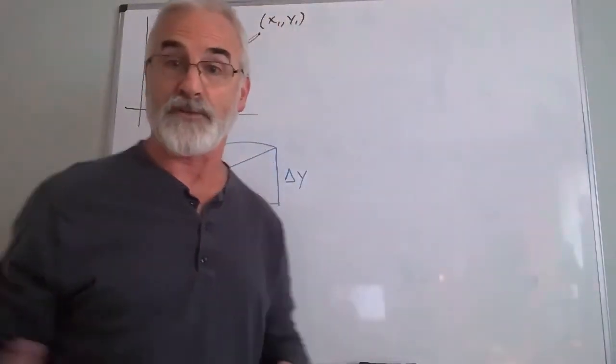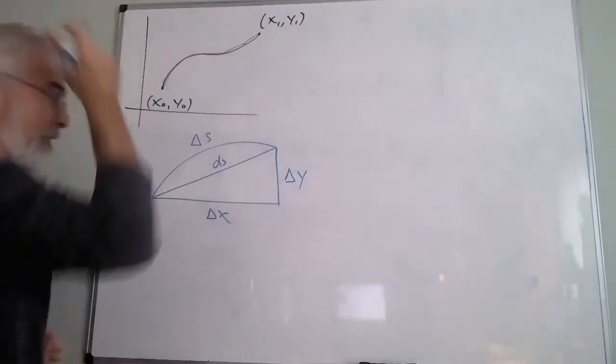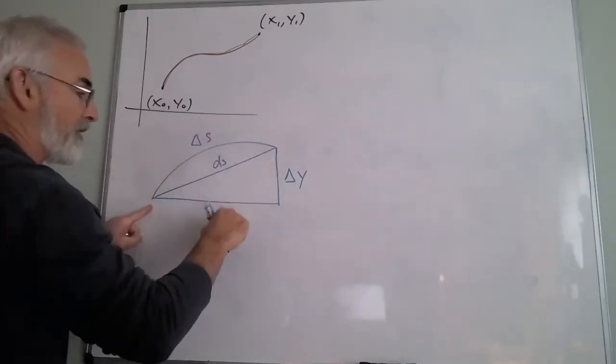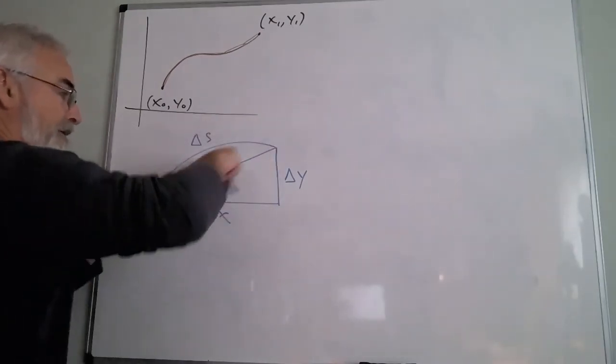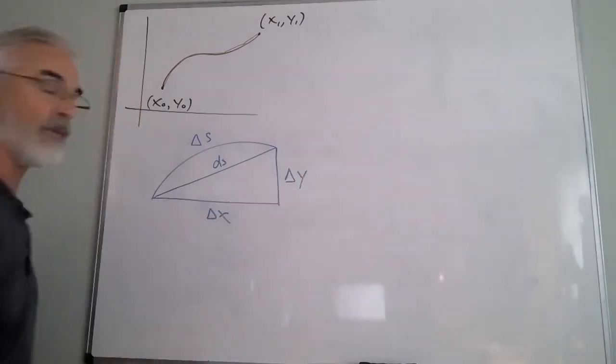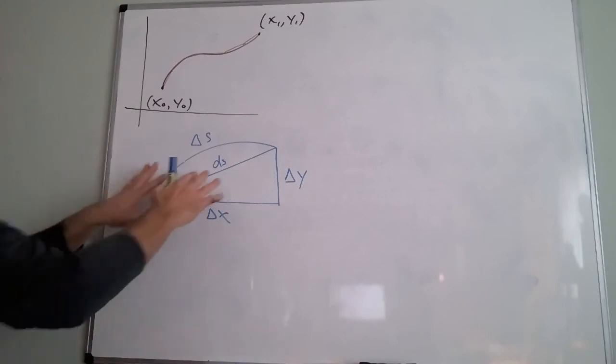We called those differentials. And we used a ds for that. And then we remembered that the change on the curve for delta X is the same as the change on the triangle. So delta X and dx were the same in this case. Delta Y and dy were the same in this case. We'll get to those notations later. I just want to do this.